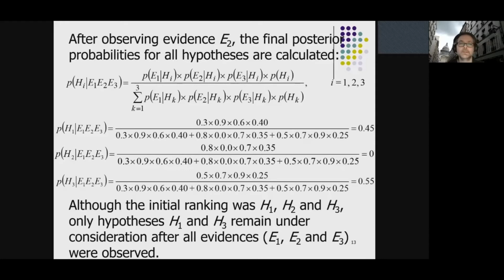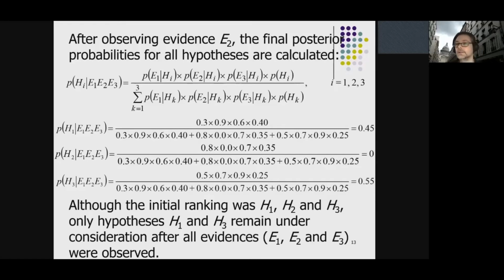Given that we have three pieces of evidence, the system will go again through Bayesian reasoning and calculate all these probabilities, H1, H2, H3, and as you can see, the situation changes again. What happens is that H1 now is 0.45, H2 has become 0 and H3 has become 0.55.